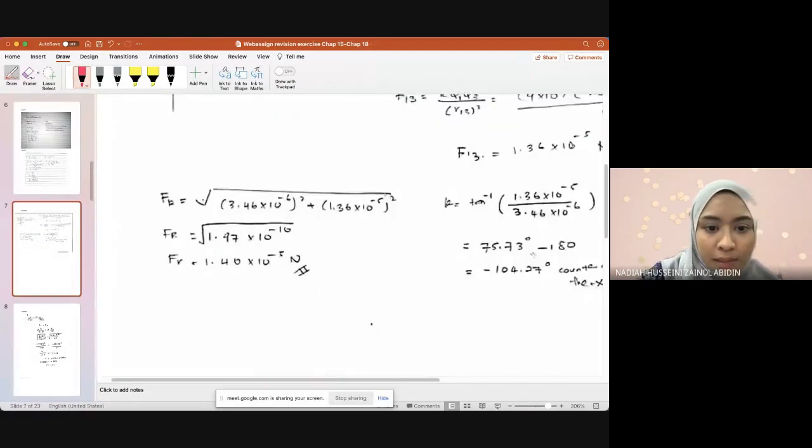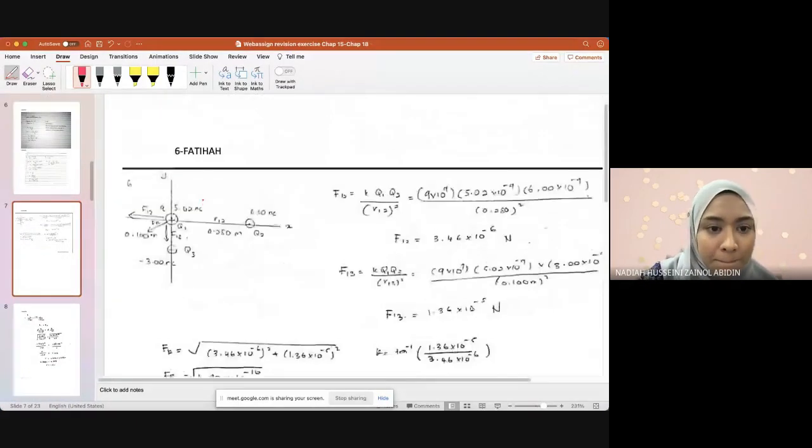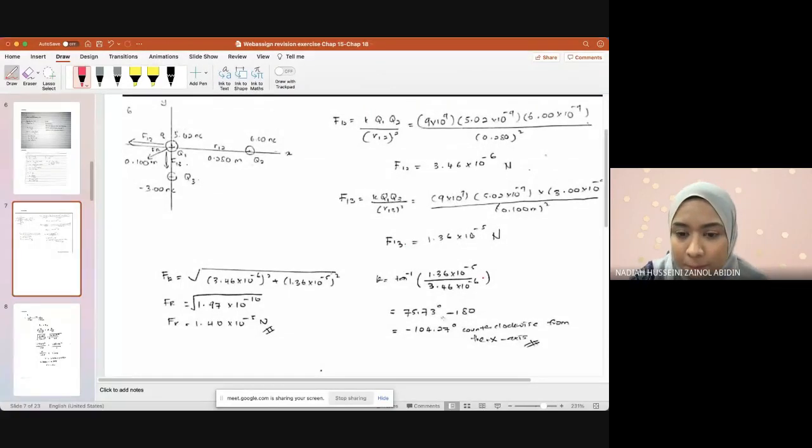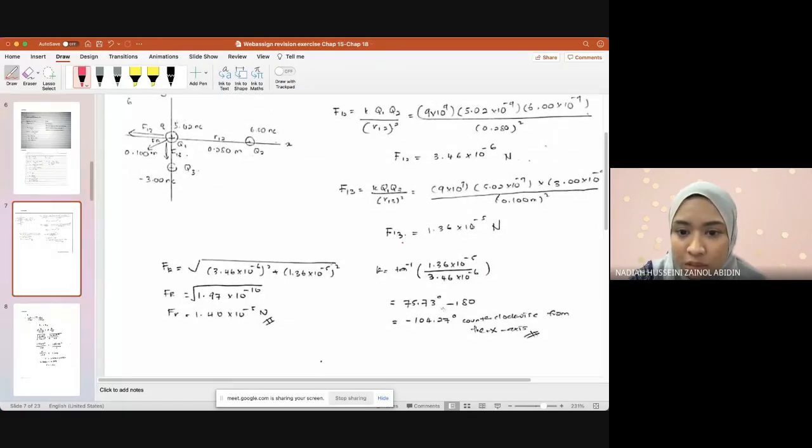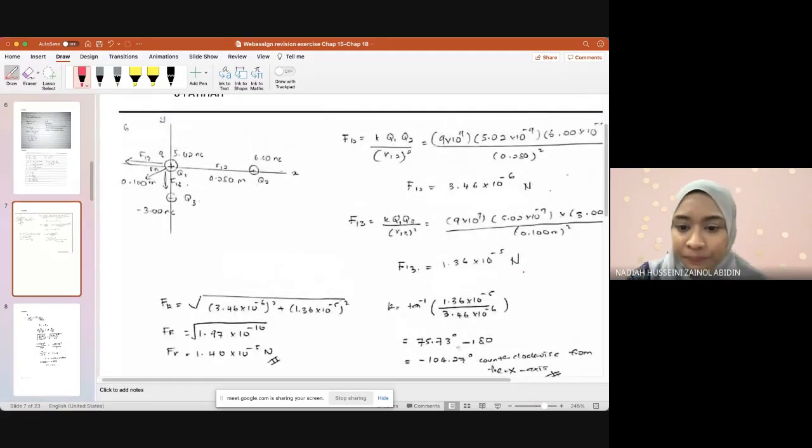Question number 6. So Fatihah got F13 is 1.36, F12 3.46. This is F12, this is F13. So she got Fn, which is the resultant over here. Okay.